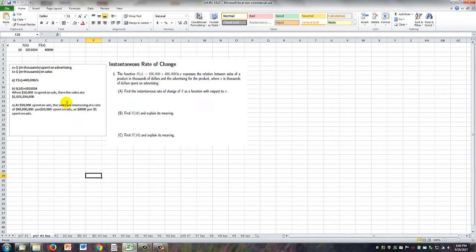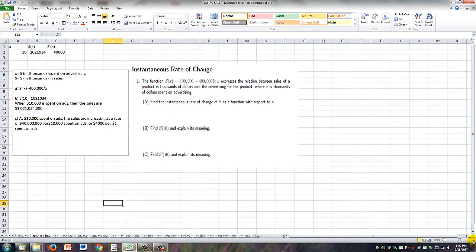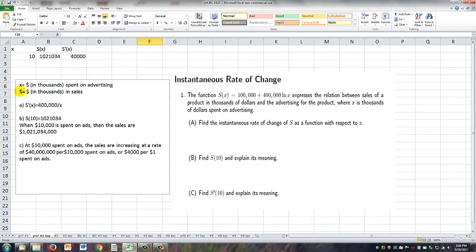So let's go to the key, and let's make sure I have the same answers. Okay, and so here B, S of 10 equals, let's put some commas in here, 1,021,034. But X is in thousands, and X stands for money spent on advertising.